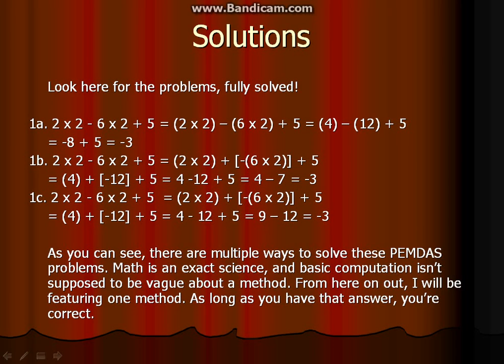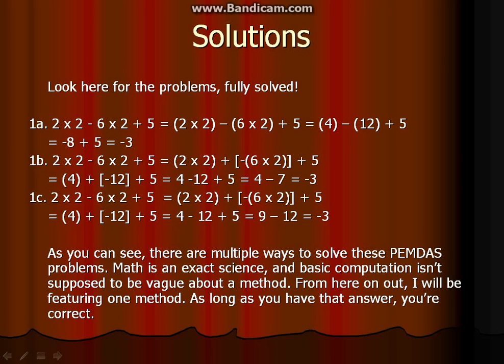You can see there are 3 different ways to solve this. I didn't test if there's more than 3 ways, but there are almost always multiple ways to solve PEMDAS problems, because math is an exact science, and computation isn't supposed to be vague. It's supposed to be very specific and have one method.